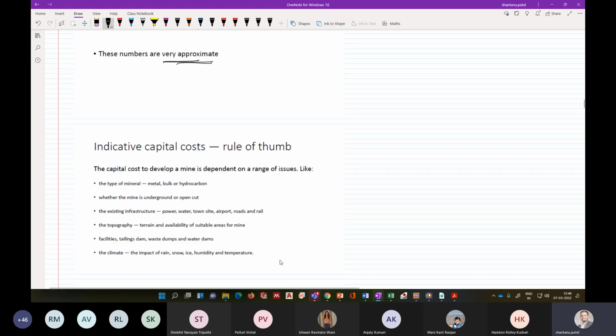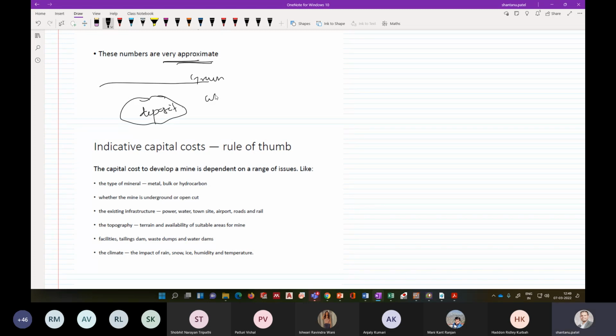So the capital cost to develop a mine depends upon a range of issues, right? Let's say you want to start a new business. Somewhere here, this is your ground surface, and this is your deposit.